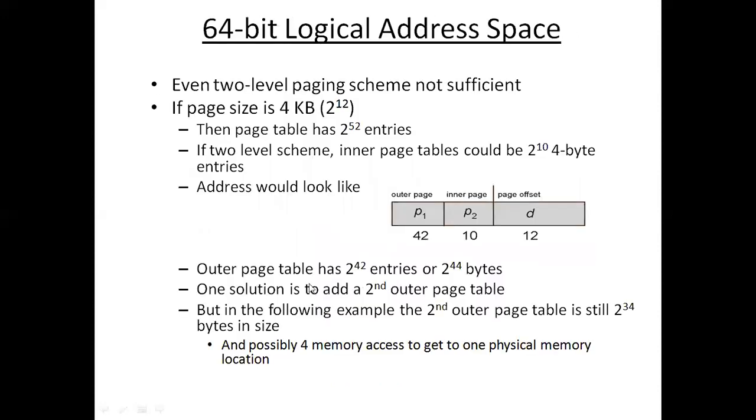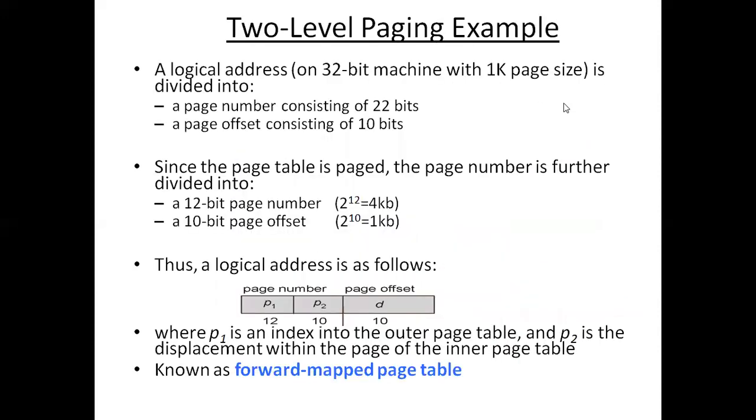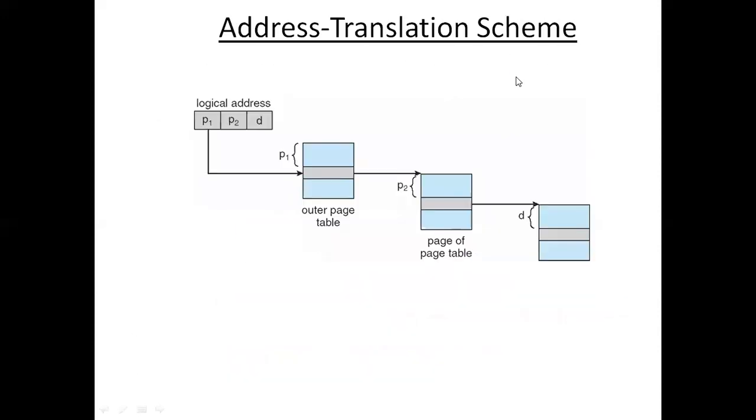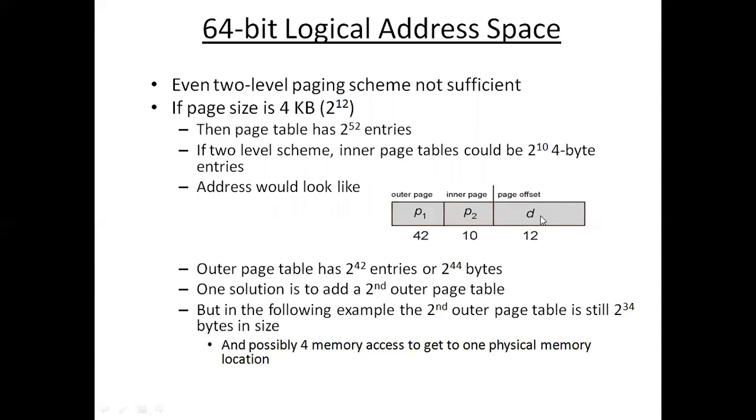Now let's think of a 64-bit logical address. In the 64-bit logical address, if I implement this outer page and inner page, assuming that the offset is 2 to the power of 12, which is almost 4 kilobytes, each page is 2 to the power of 12, that is 4 kilobytes in size.